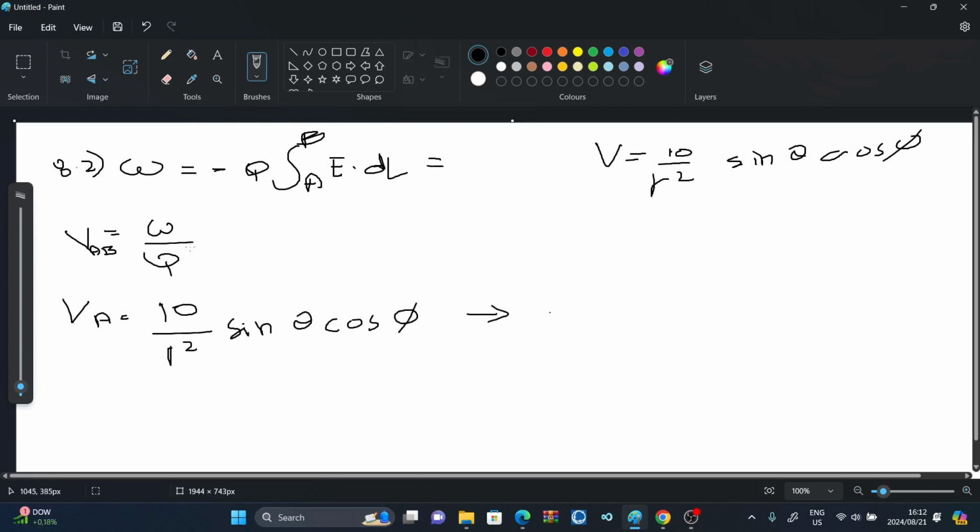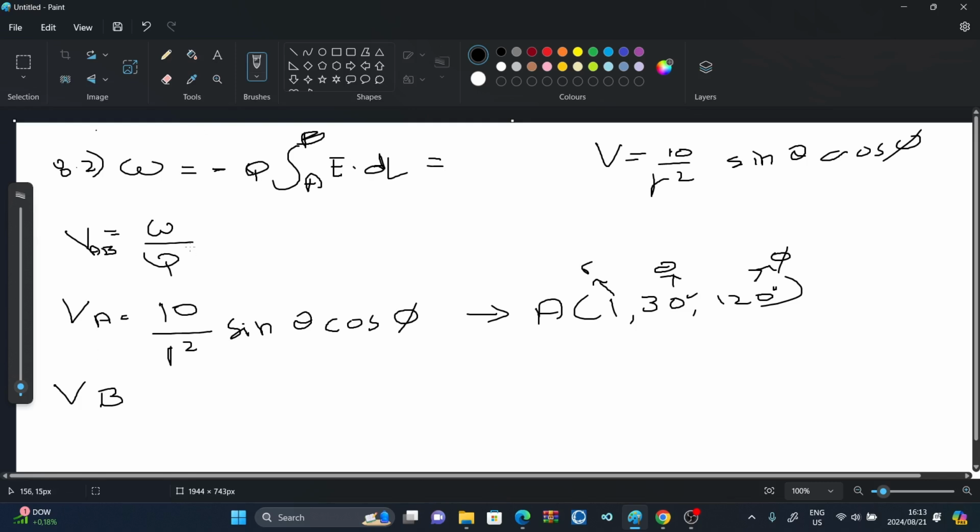Then you substitute these values where our point A is at 1 comma 30 degrees and 120 degrees, and as you can see this one is in degrees, so you substitute these values. This one again is your R, your theta, and your phi. Then you do the same for VB. Understand? I believe so, yeah.